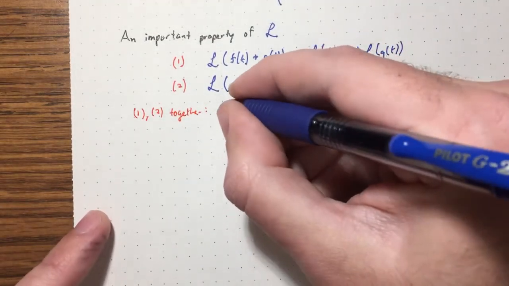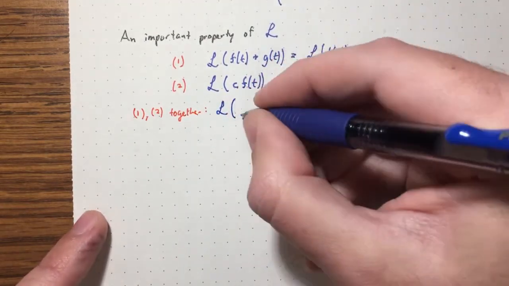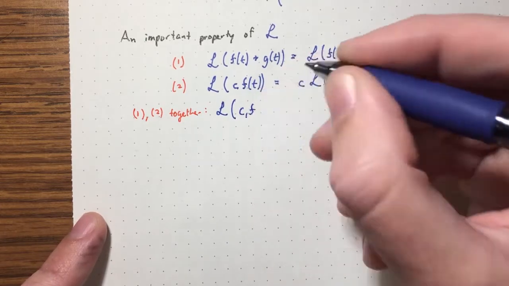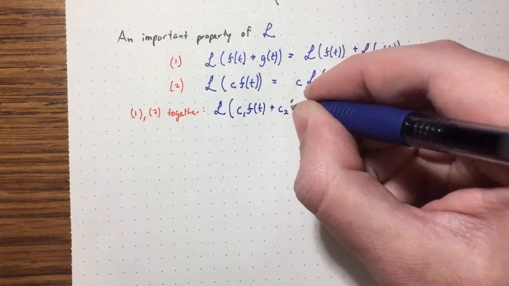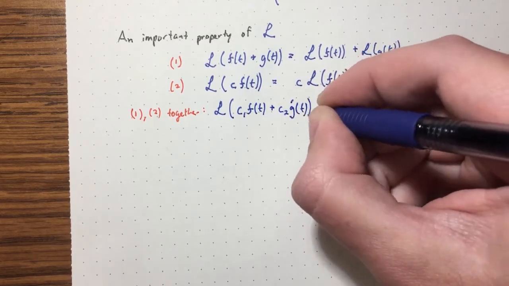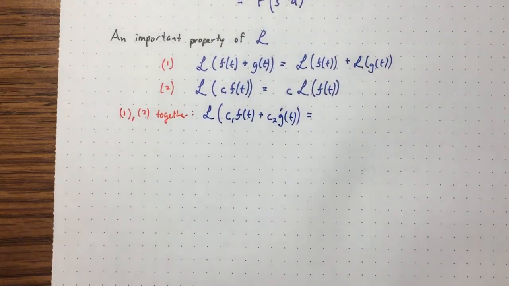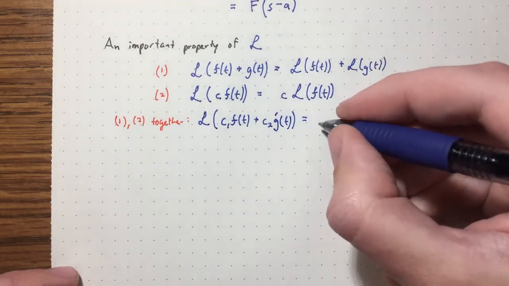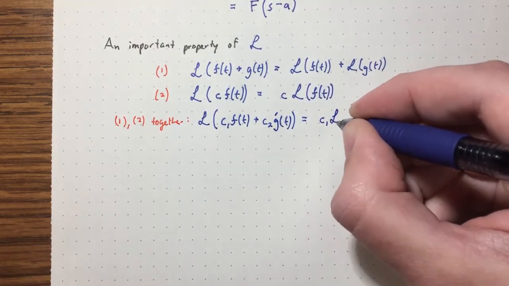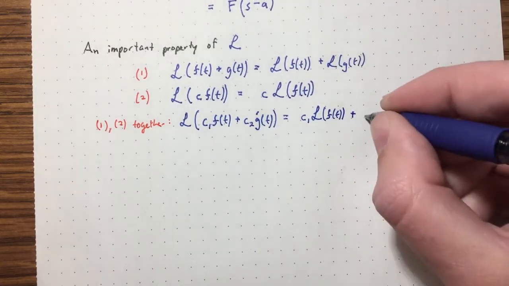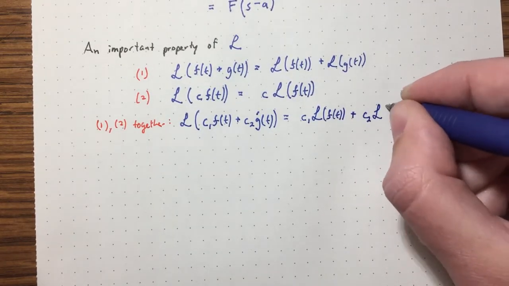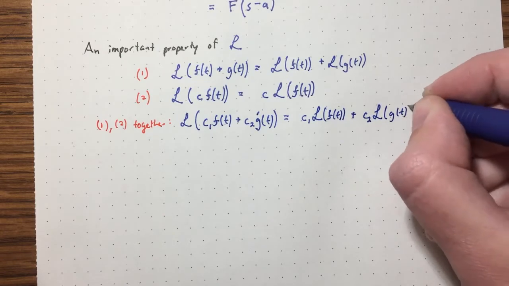So in general, if I have the Laplace transform of something that looks like this, c1 times some function f plus c2 times some function g, that's going to be c1 times the Laplace transform of f plus c2 times the Laplace transform of g.